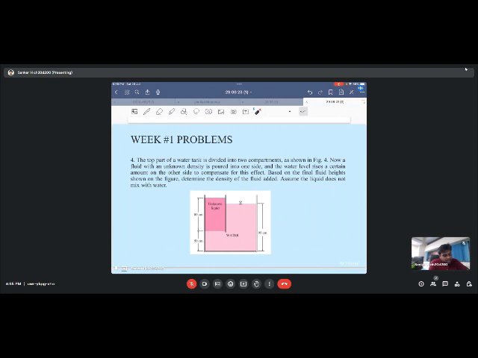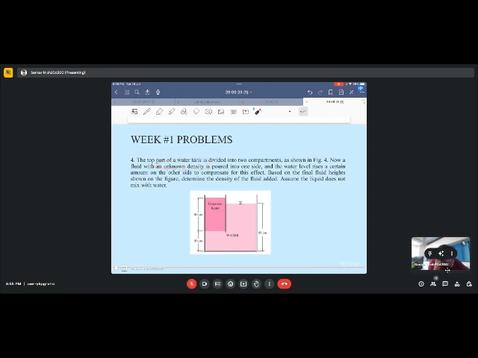Let's start with the next problem. Question number 4. The top part of a water tank is divided into two compartments, as shown in the figure. So this is a water tank, compartmentalized into two.